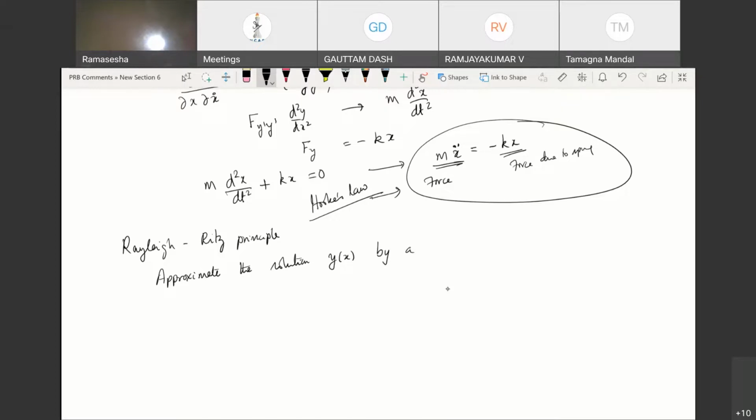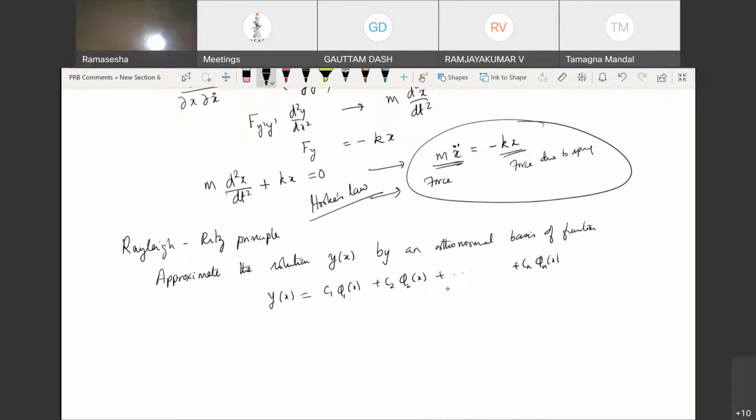So y of x is equal to c1 p1 of x plus c2 p2 of x, etc., up to n.